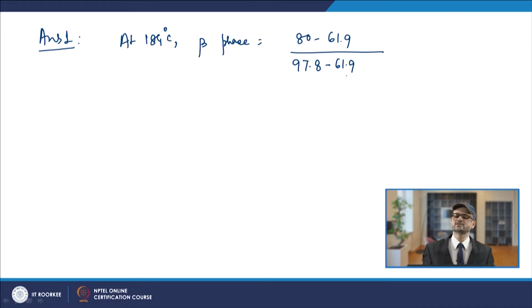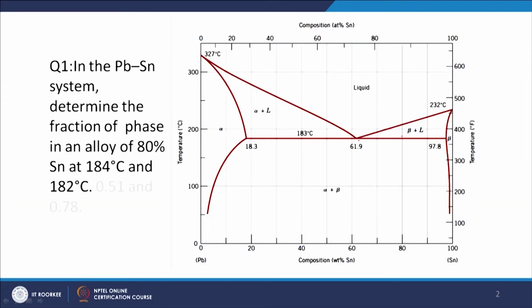We are using the lever rule, and it will be 18.1 divided by 35.9. So, it will be close to 51%. That is what you are seeing in this case.